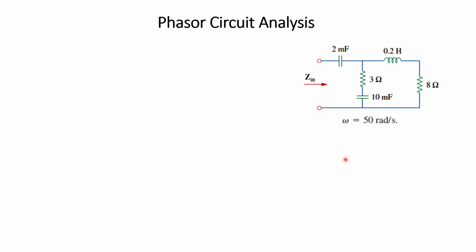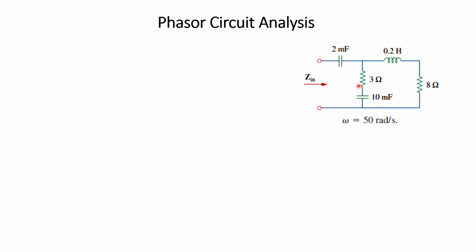Now, phasor circuit analysis. We have a circuit, and omega is 50 radians per second, and this is how we can find the equivalent impedance. You know how we find the equivalent resistance when all circuit elements are resistances R1, R2, R3, R4, R5.